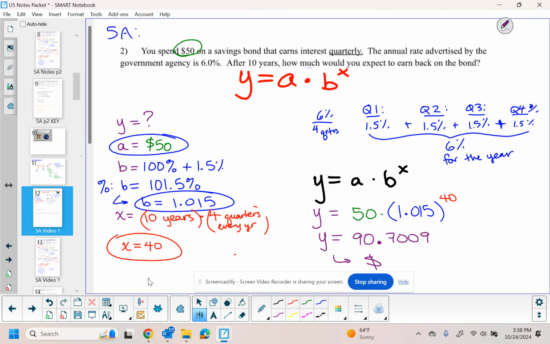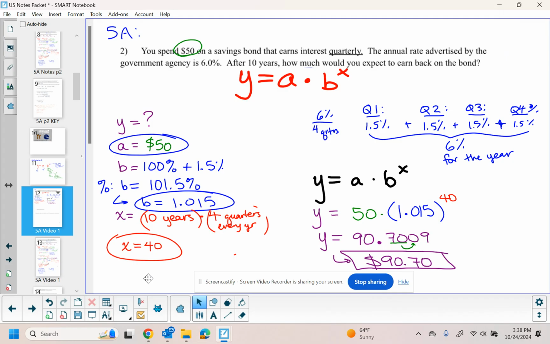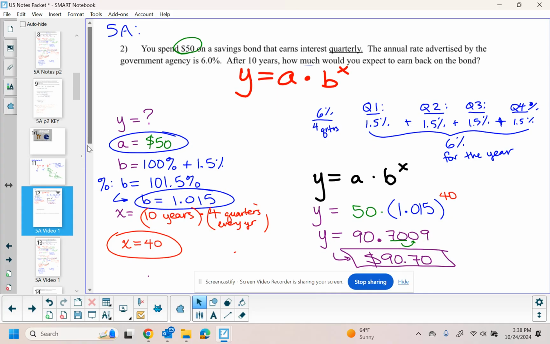So that means I need to keep 2 decimal places and look at the neighbor to see if I should stay at 70 cents or round up to 71 cents. So it should stay at 70 cents. Okay, so after 10 years, I will earn back $90.70 on that.